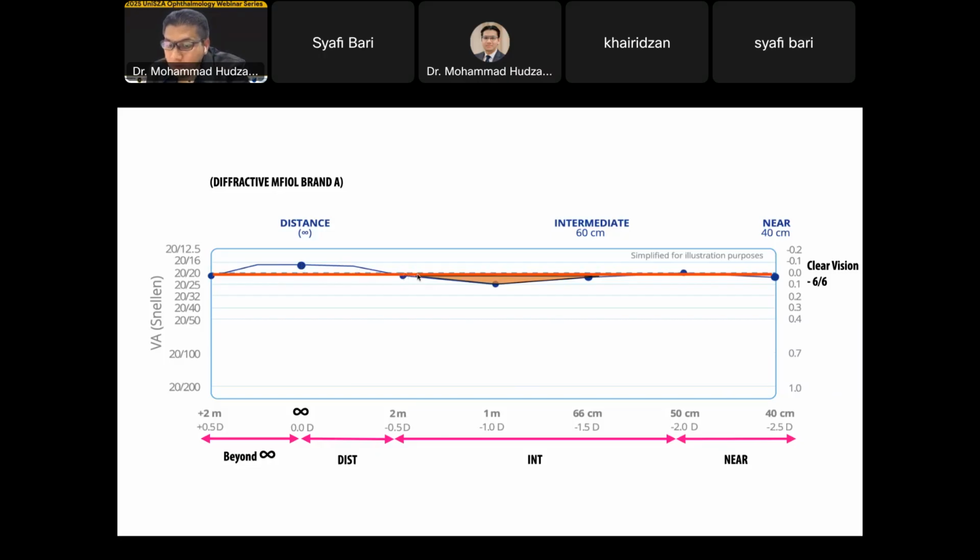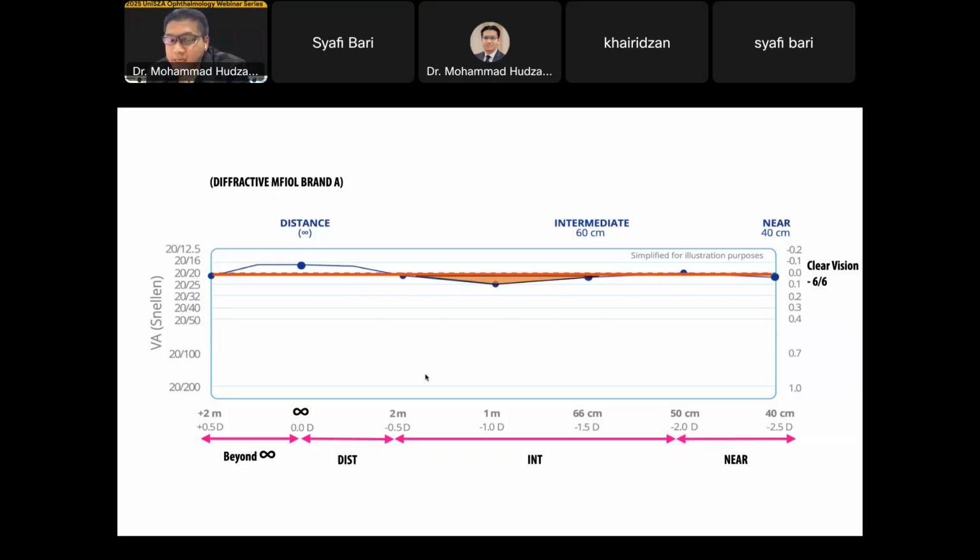However, moving to intermediate, the vision will be a bit dropped. So when we put in the intraocular lens, this brand A, patients at intermediate, 1 meter, will have a bit of a drop, around maybe 6/7.5, 6/9, for example. And then when the image is closer, the patient will get 6/6 again.